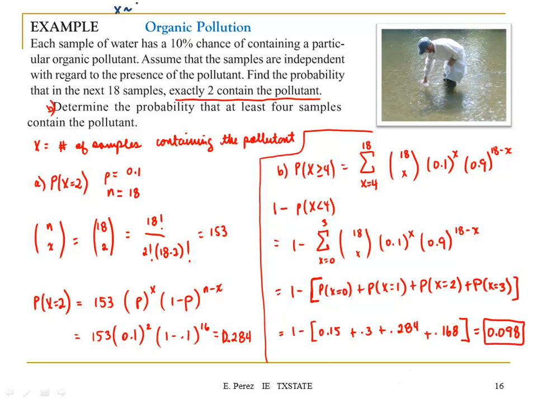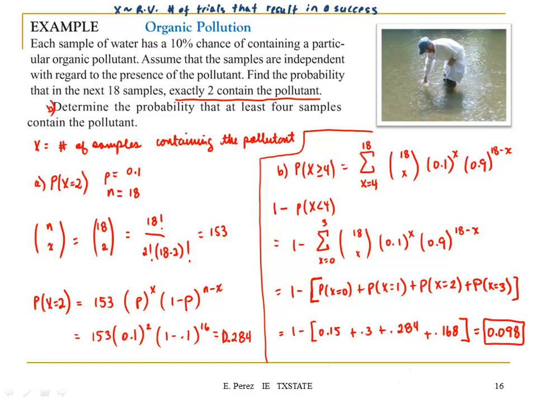X will be the random variable, which is the number of trials that result in a success.